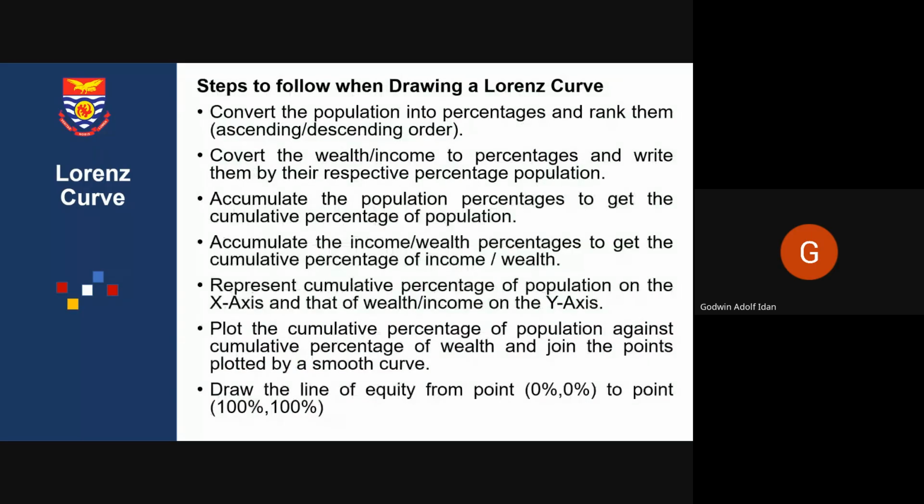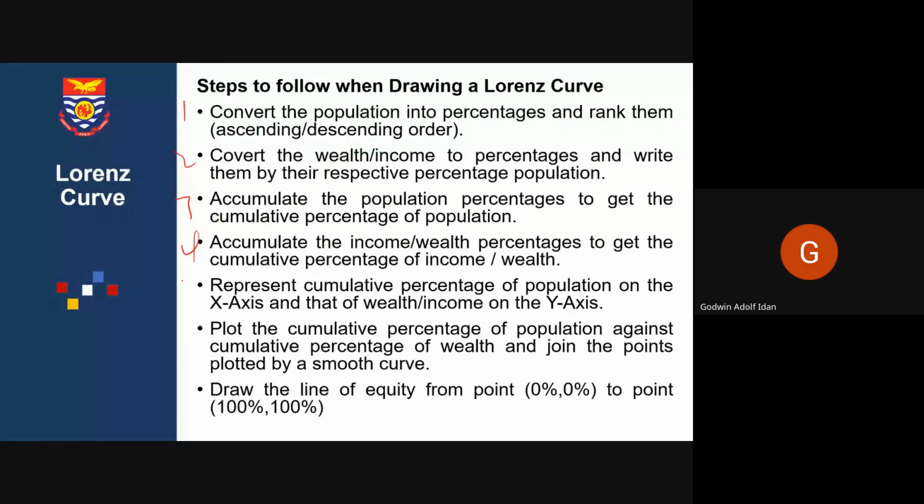Step number 5 says that represent the cumulative percentages of population on the x-axis, that of income on the y-axis.